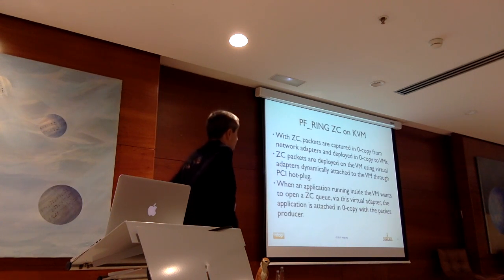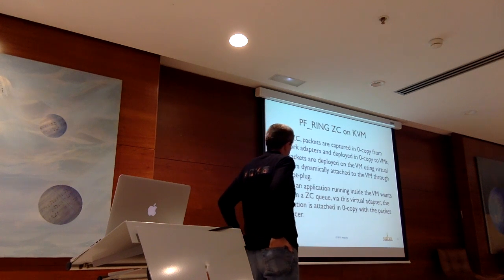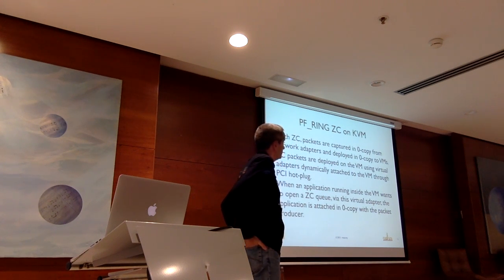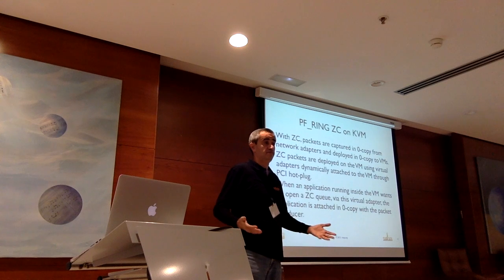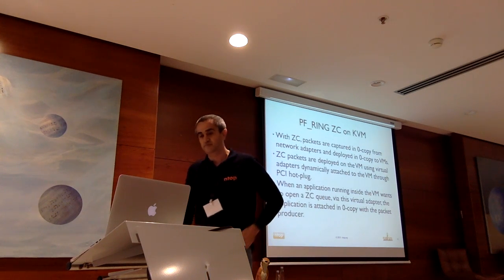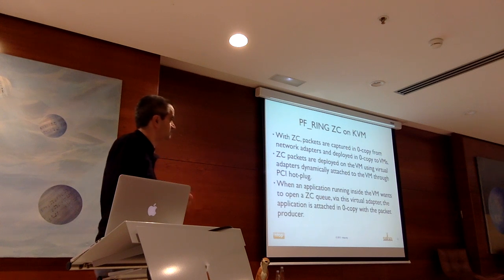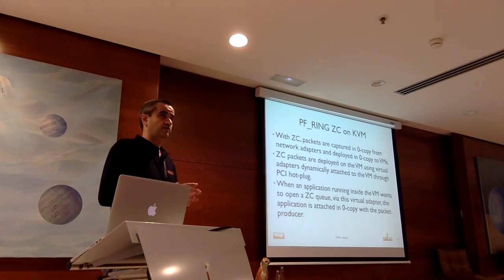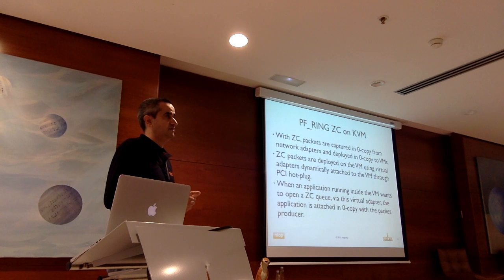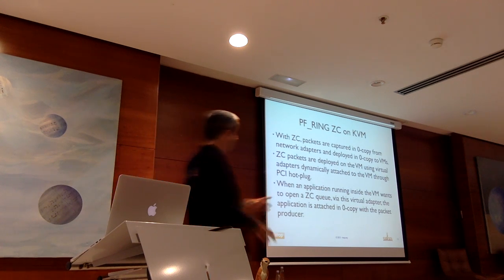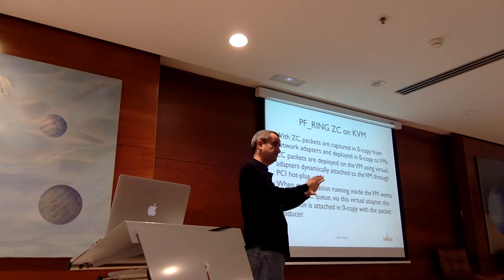So KVM is pretty popular these days. We have decided that it was worth looking at this problem, but we wanted to have something very simple. We wanted to have the same user experience inside the virtual machine as on bare hardware.